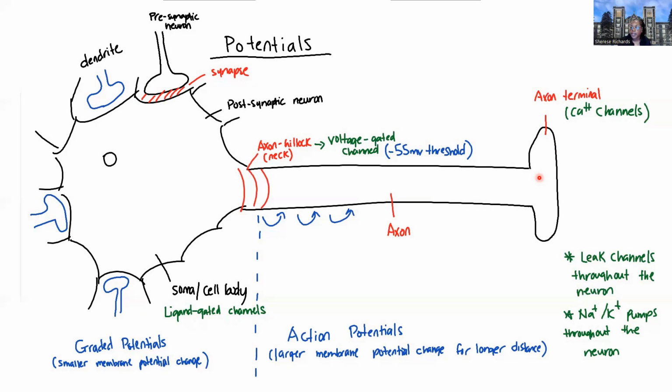This is how neurons communicate. So this is the purpose of the action potential. It's a way to turn chemical energy into electrical energy and then back into chemical energy, and help to pass that signal from one neuron to the other.